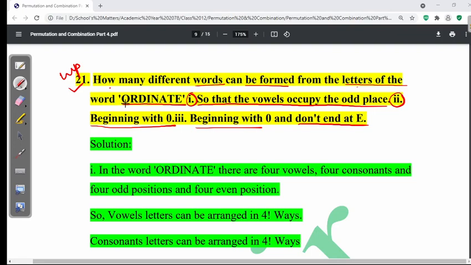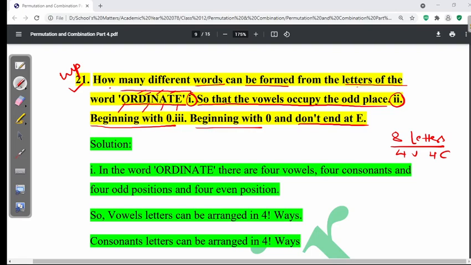So let me count. The word is ORDINATE. There are 1 2 3 4 5 6 7 8, 8 letters. Out of 8 letters, 4 are vowels and 4 are consonants. O is a vowel, I is a vowel, A is a vowel, and E is a vowel, and the others, R, D, N, T, are consonants.